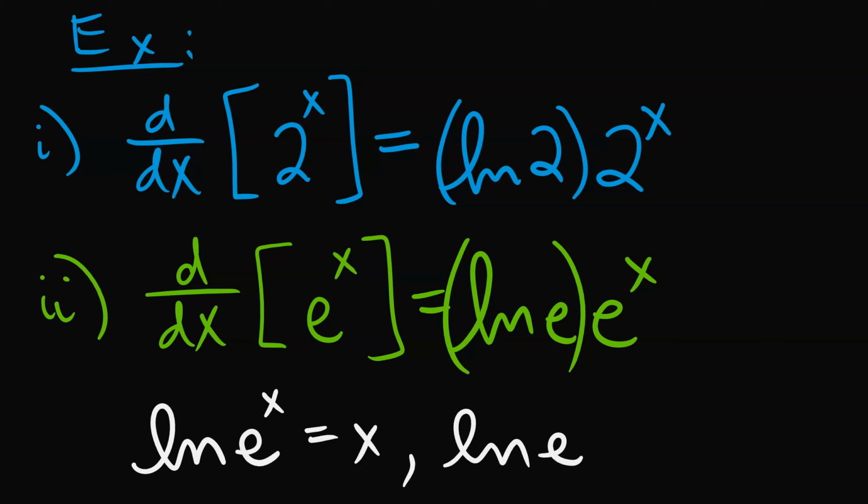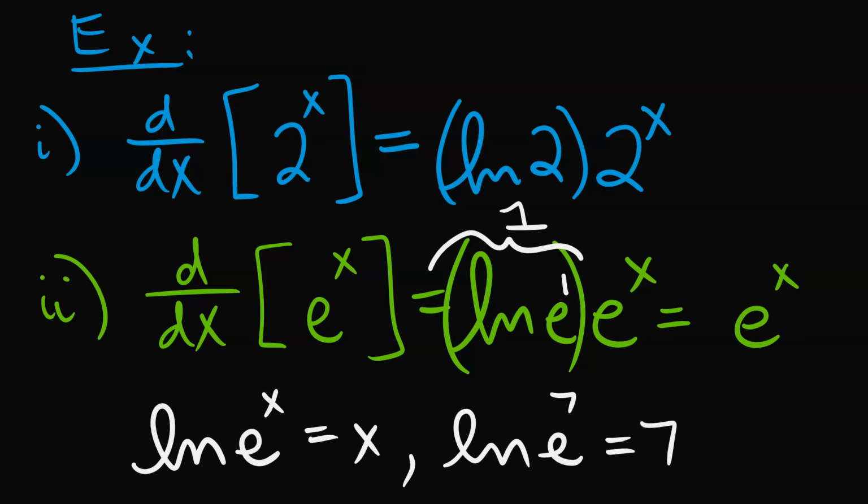Natural log of e to the 7th power is 7. For this expression, the exponent is 1, so natural log of e to the 1st power is just 1. So this constant here is 1, and this derivative is just 1 times e to the x, which is e to the x.